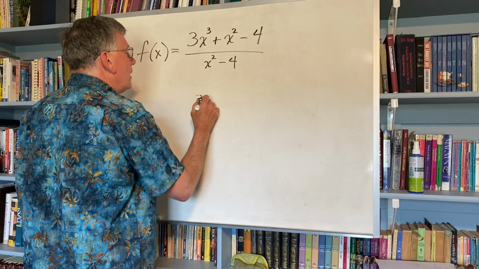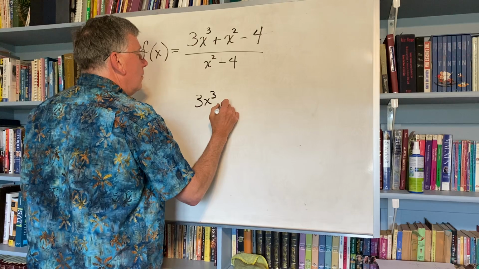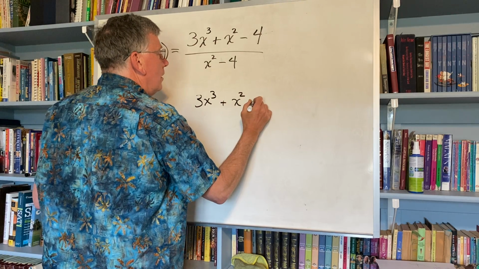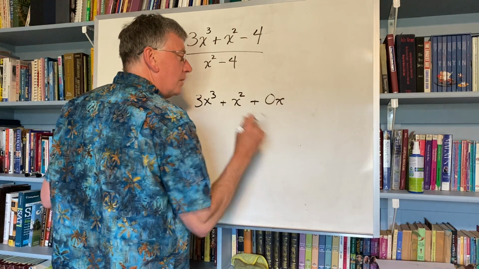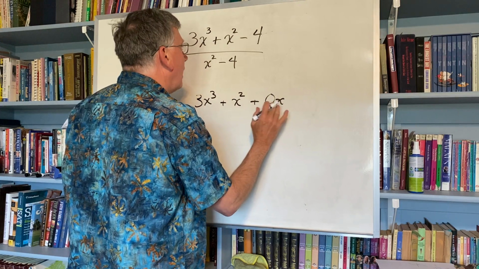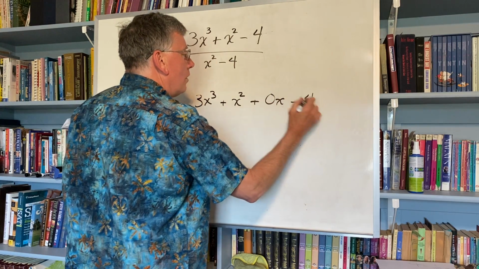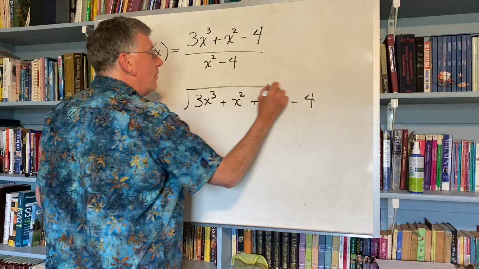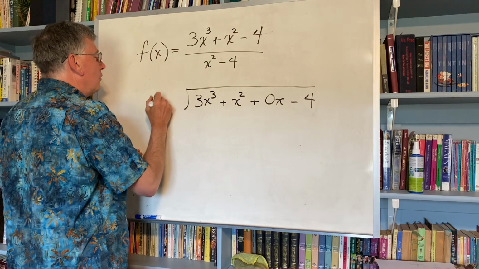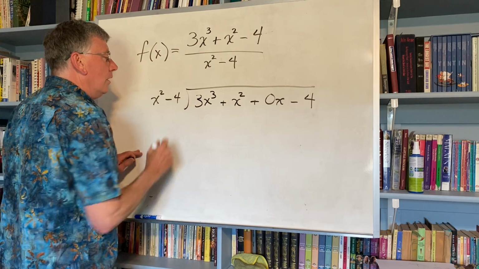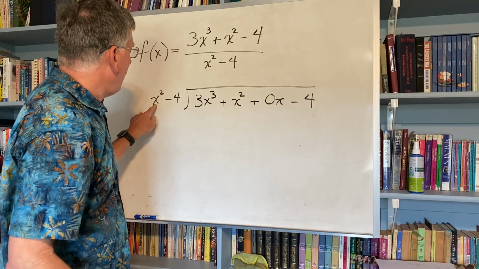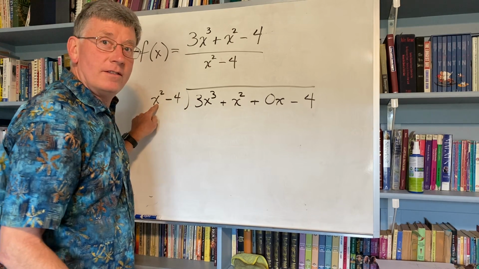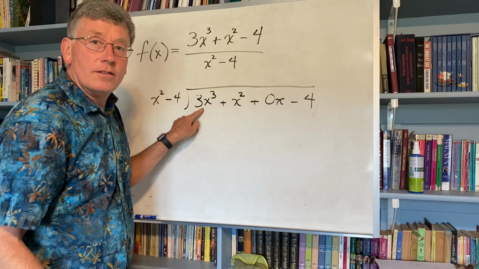That's going to be 3x cubed plus x squared plus 0x, because I'm going to fill that slot, minus 4, and I'm going to be dividing it by x squared minus 4. My question is, how many times will this go into this?